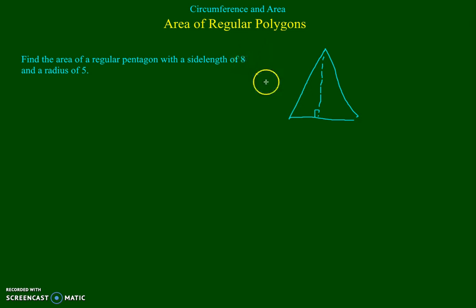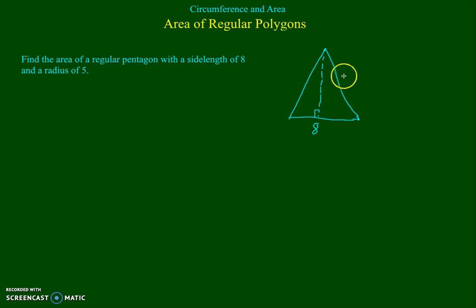So we're given a side length of 8. So this side length is 8. And then the radius of the polygon is 5. Well, the radius is the distance from the center out to a vertex. So this distance is a radius, and this distance is a radius. We're going to use this right-hand side.